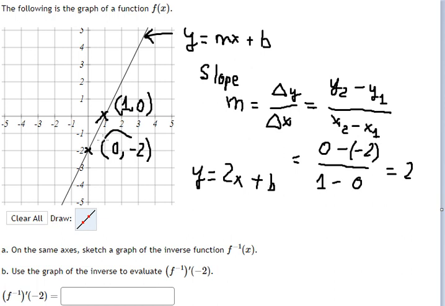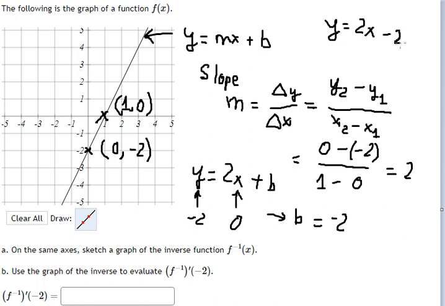Now I select 1 point. So we put 0 in here, and negative 2 in here. And this one, we have b equals negative 2. And you get y equals 2x minus 2.